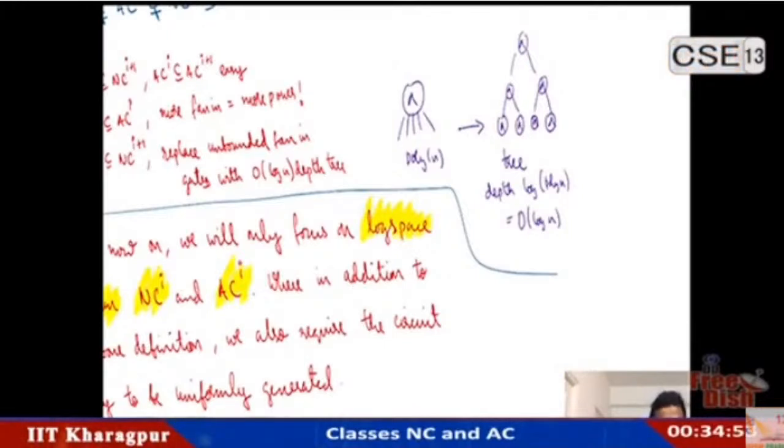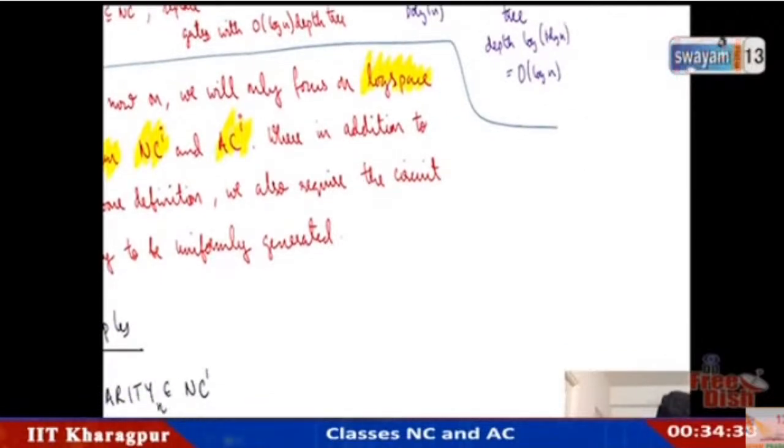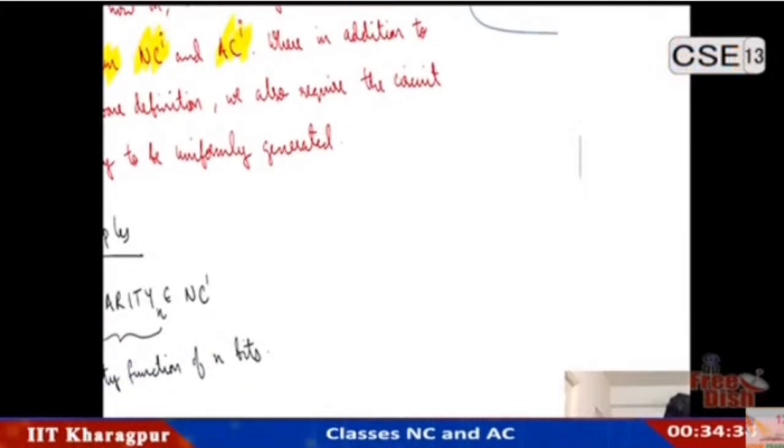So given input k in unary, there should be a log space algorithm that generates a circuit for inputs of size k. Okay. So now let's see some examples, and these examples will give us a general idea, and after these examples we will conclude and summarize.